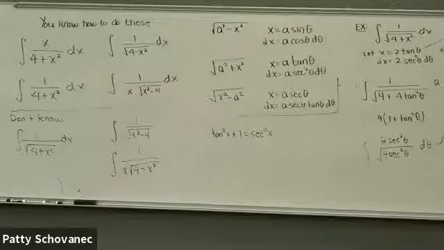Then the dx that was here becomes 2 cosine theta d theta. So I'll put the 2 cosine theta on top, then the d theta here. See where everything comes from? Ask me if you don't follow that.